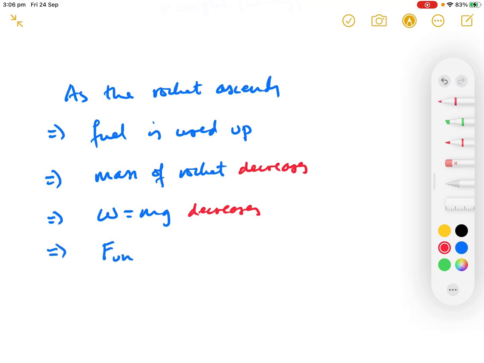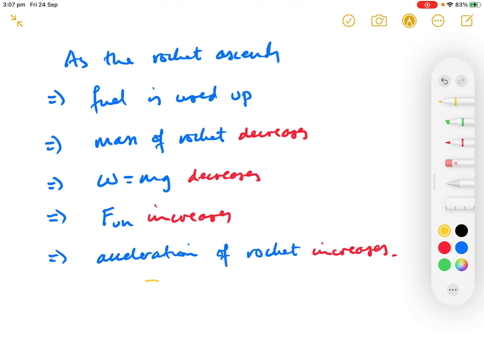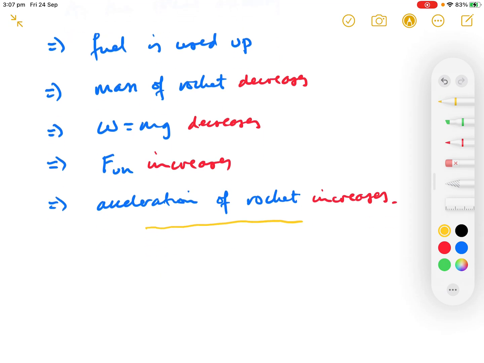So unbalanced force increases, and so acceleration of rocket increases. Now that will only last so long as the fuel lasts, of course, but nonetheless it is the case.